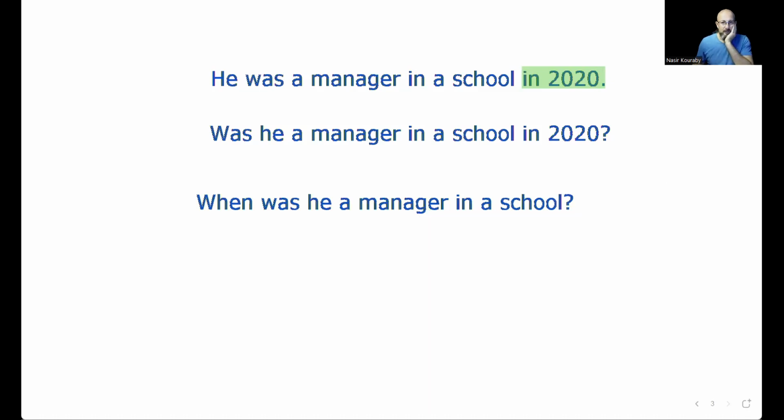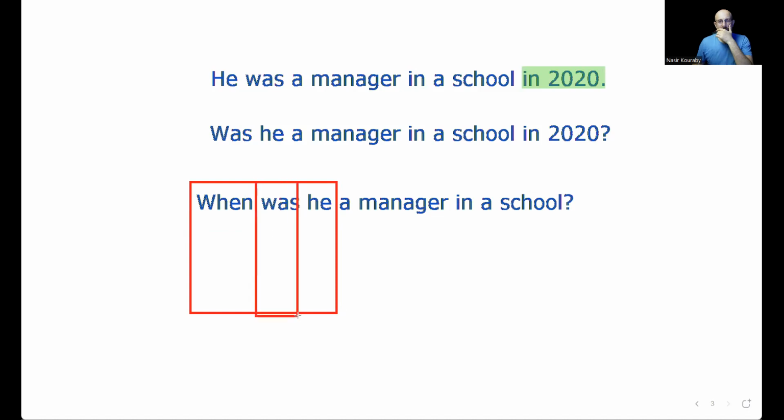Always we start with the question word. Questions with the verb to be are different.